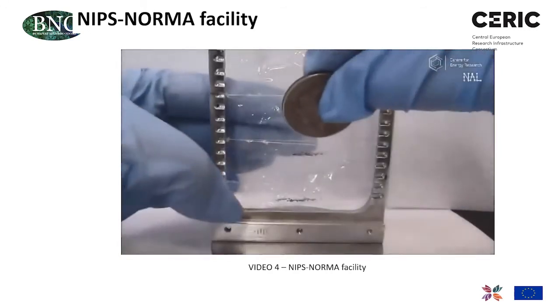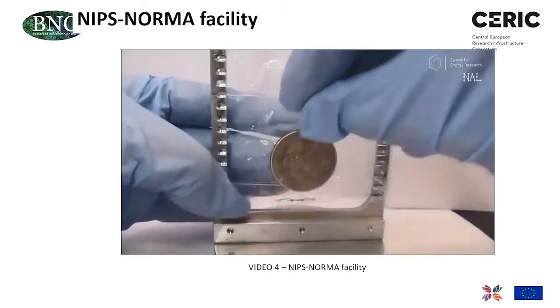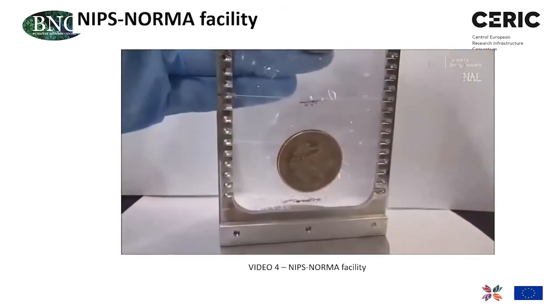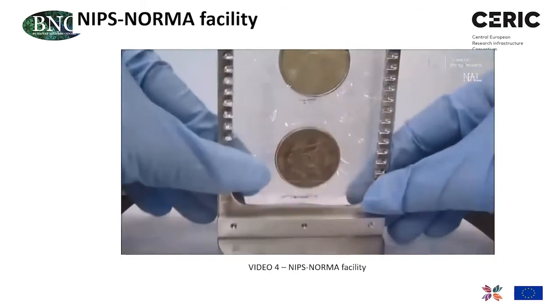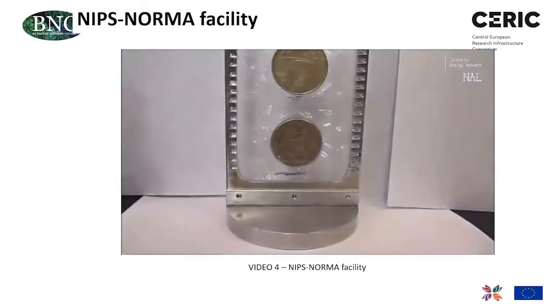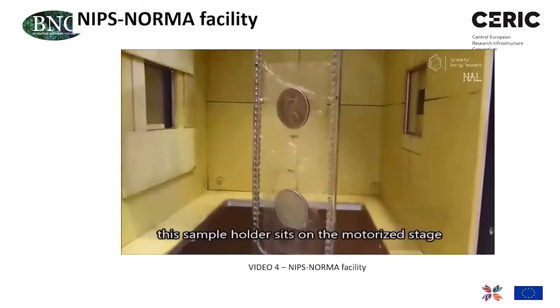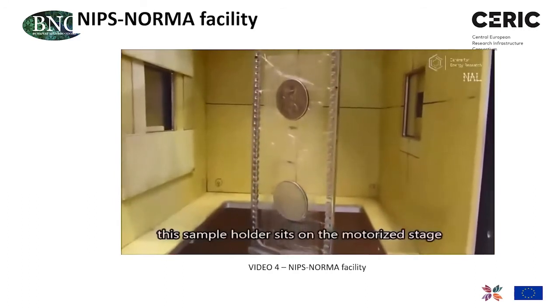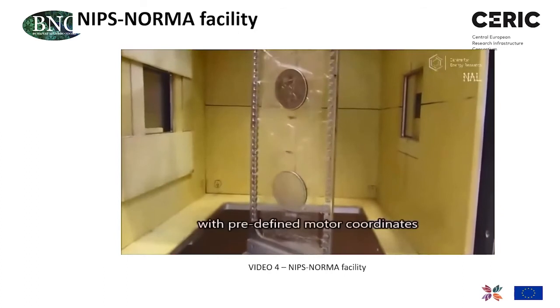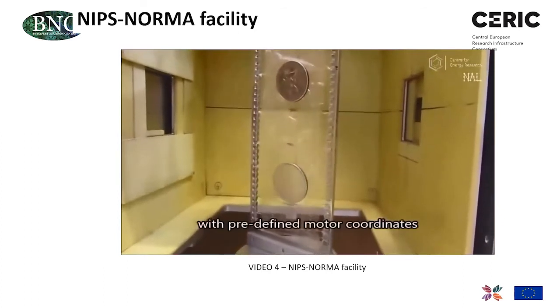And this is a sample changer ladder, which can be loaded on the top of the motor sample stage. And this way we can program 8 data acquisition points. And with the script we can execute it without personal presence.